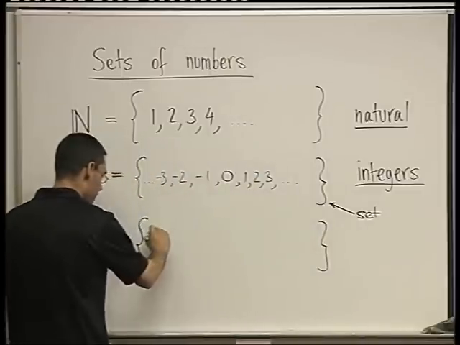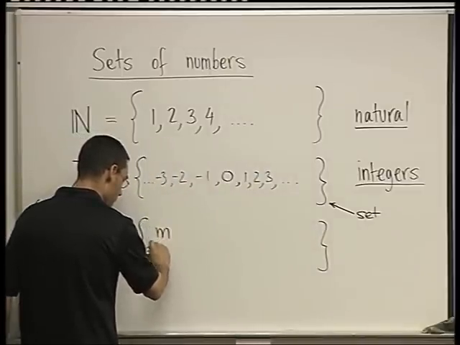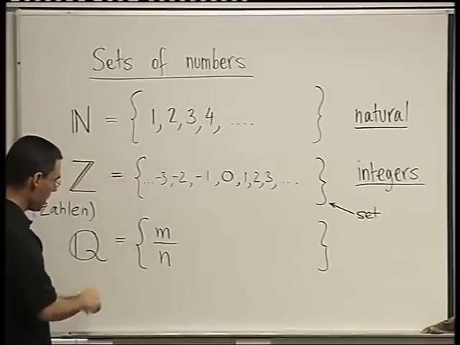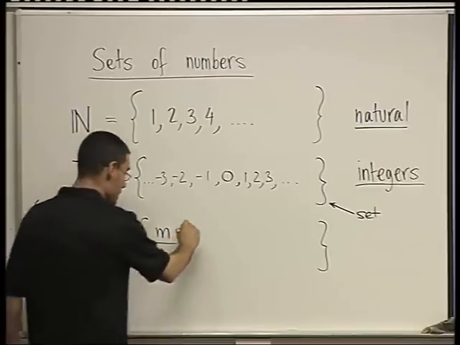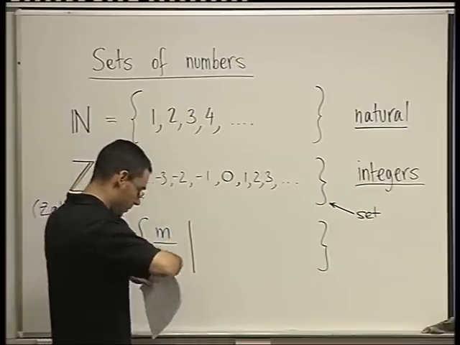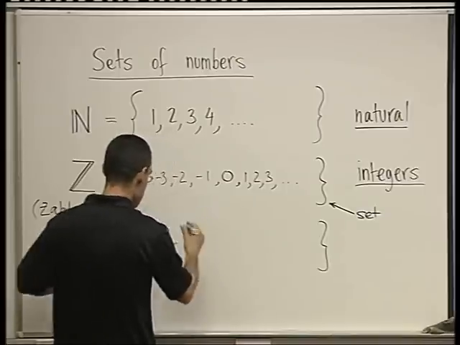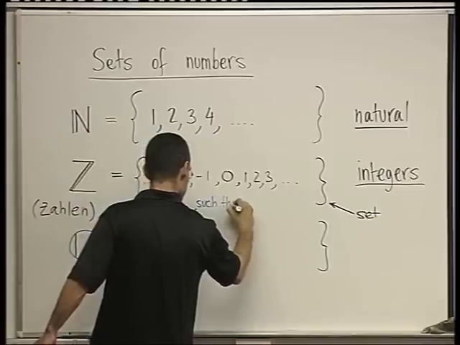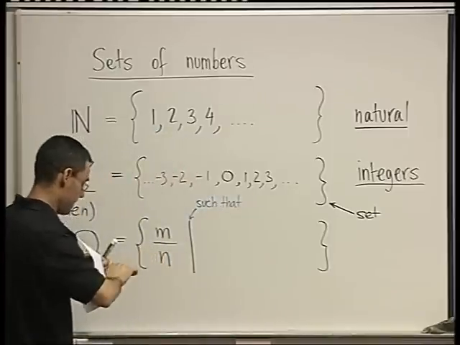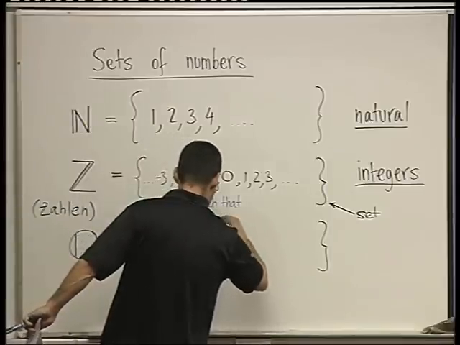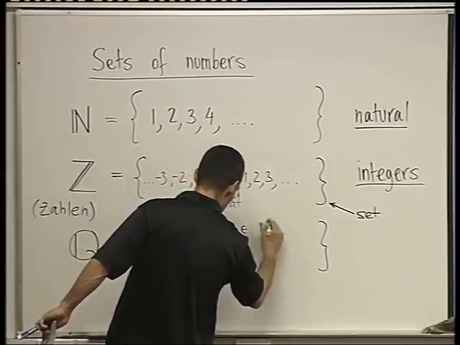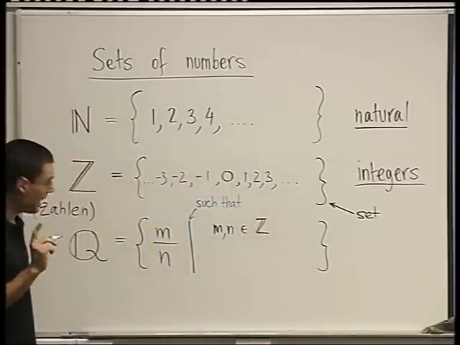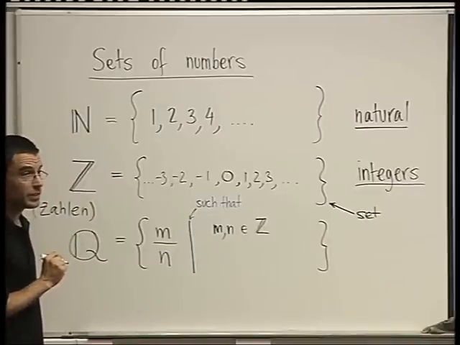of numbers of the form m over n such that, so this vertical line means such that, m and n belong to the integers. And one more thing we have to say whenever we write something like this.